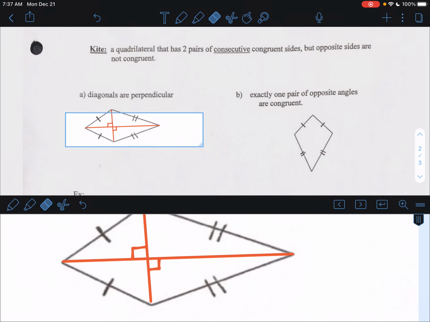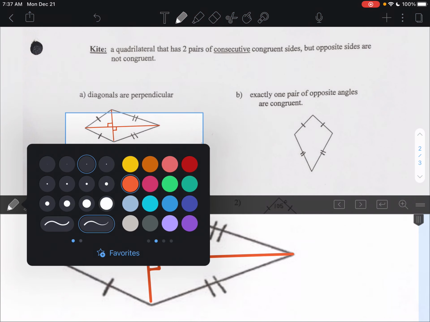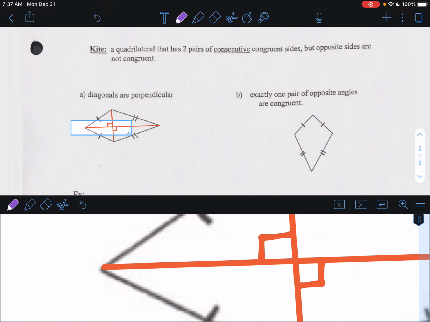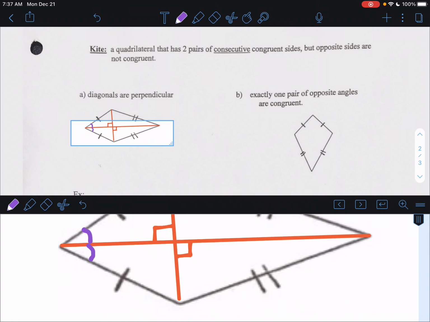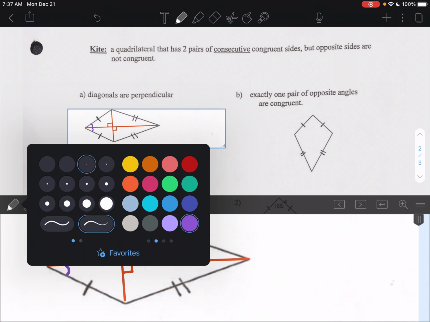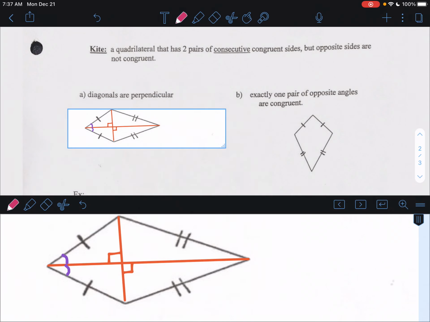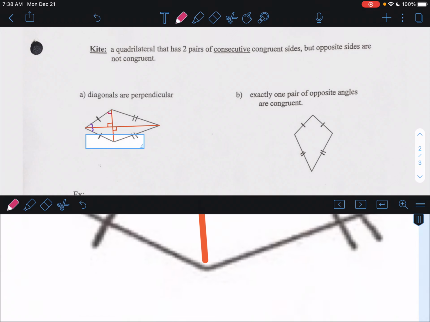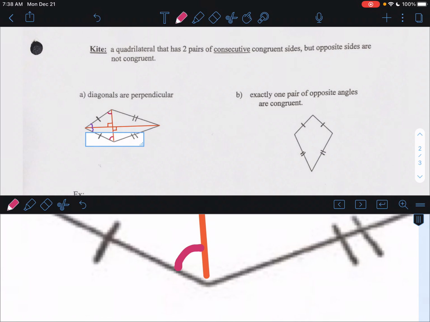Here are some other things about those diagonals once they're drawn in, and I'm going to use different colors here instead of different angle markers because I'm going to be drawing a bunch of different congruent angles. So when I draw in those diagonals, I know that this angle is going to be congruent to this angle. I also know this angle will be congruent to this one.